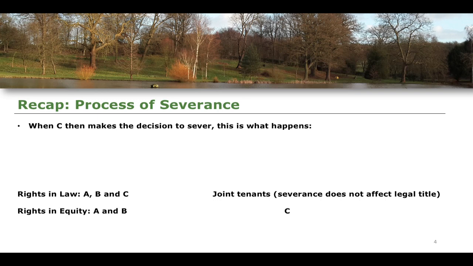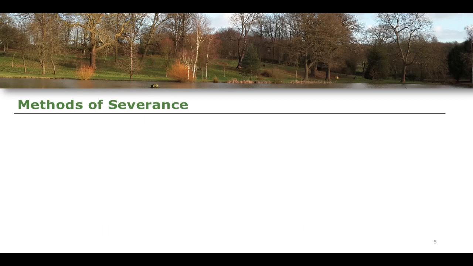But in equity, we see a division between A and B on the one hand, who have not severed, and C, who has. A and B remain joint tenants in equity, but C becomes a tenant in common in equity. This is really what the process of severance involves.